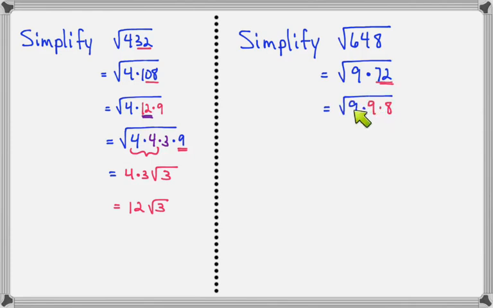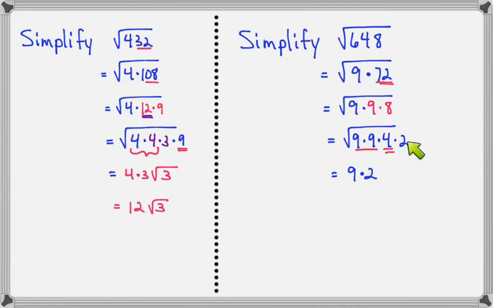Now I've got a pair of 9s, and I've got to break down this 8. 8 is 4 times 2. See, 8 is 4 times 2. So now I've got a pair of 9s, and the square root of that pair of 9s is going to be 9. And the square root of 4 is going to be 2.